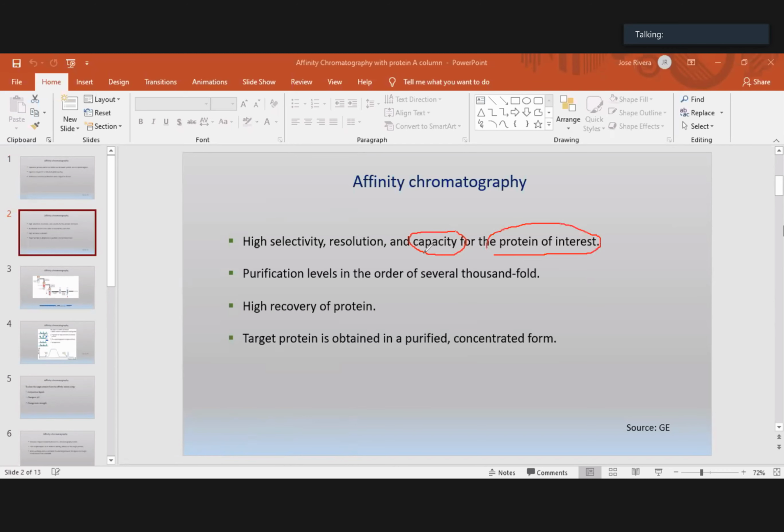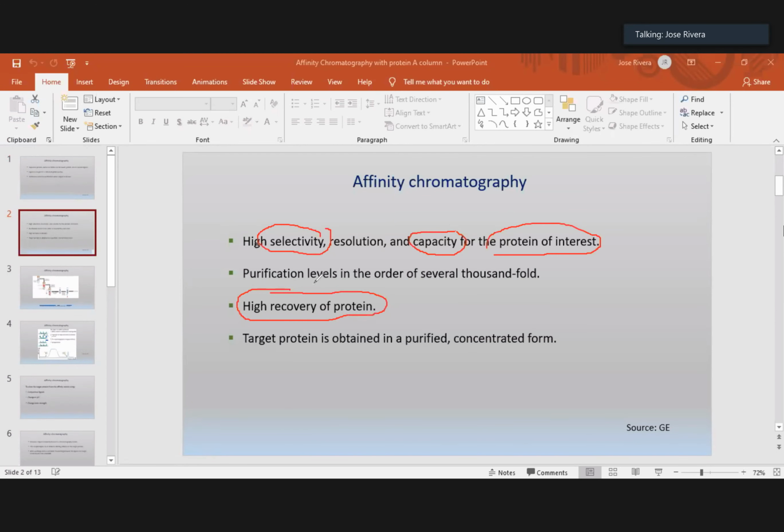It is very selective as well. And the other thing it does is concentrate the protein, because you elute your protein in a very small amount of buffer, and so the protein that comes out of your column can be highly concentrated.